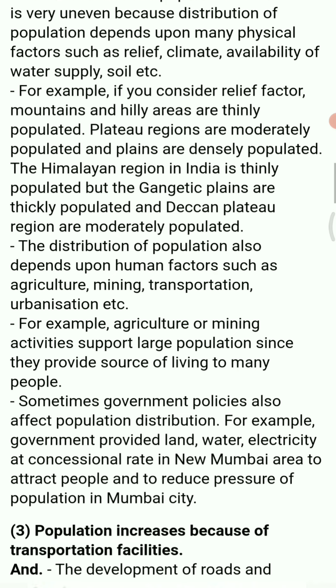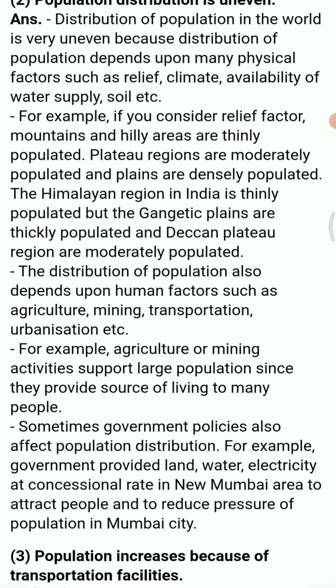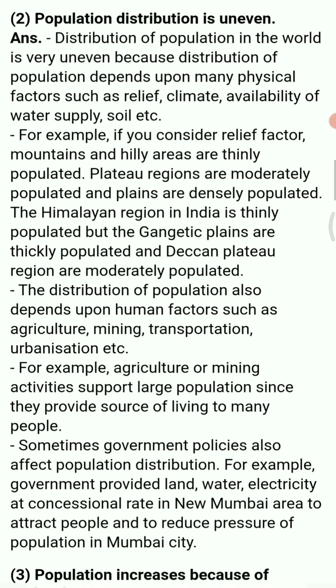The Himalaya region in India is thinly populated, the Gangetic plains are thickly populated, and the Deccan Plateau region is moderately populated. Wherever there is availability of water, people tend to live there because they require water for their livelihood and for agriculture.